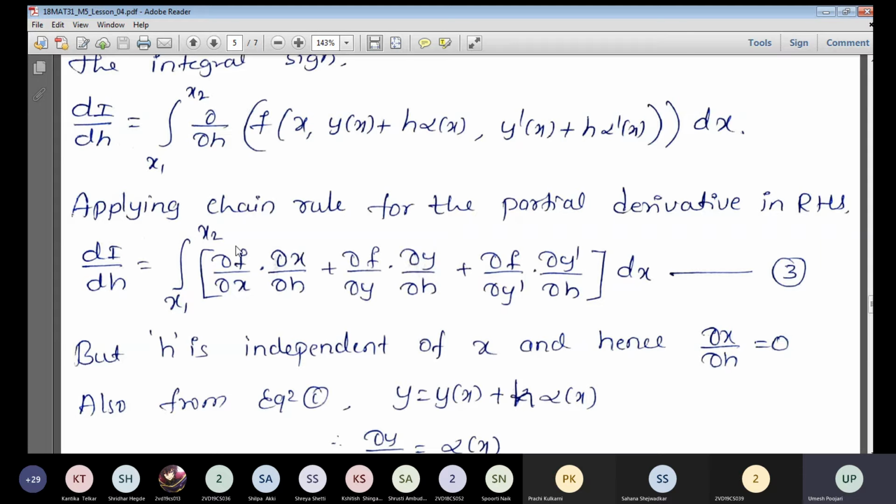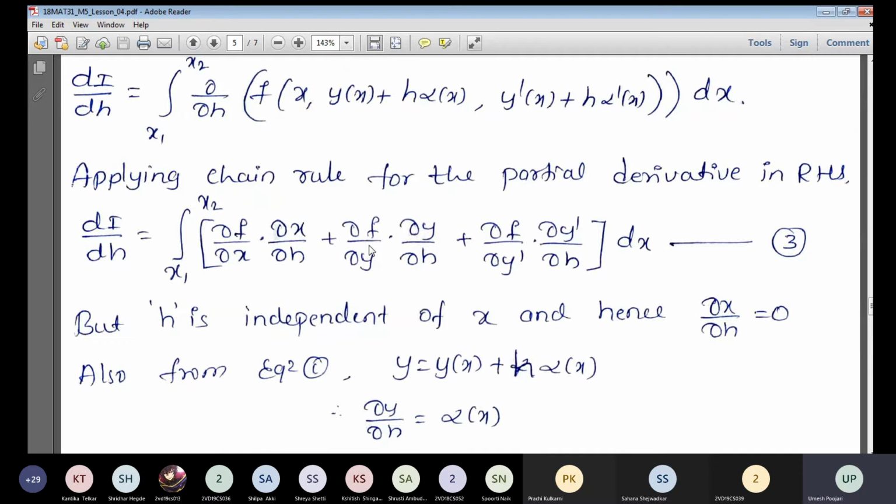Now here, dou f by dou x, dou f by dou y, dou f by dou y dash, we cannot do anything. We shall keep these three terms as they are, but we can find the values of dou x by dou h, dou y by dou h, dou y dash by dou h. You can see here h is independent of x and hence dou x by dou h will be 0.